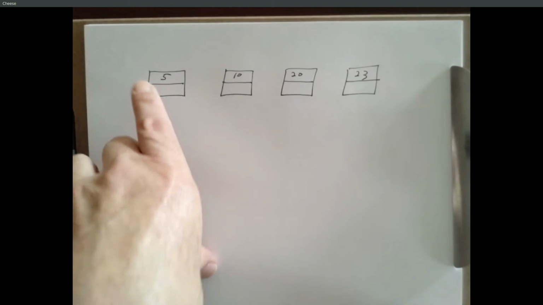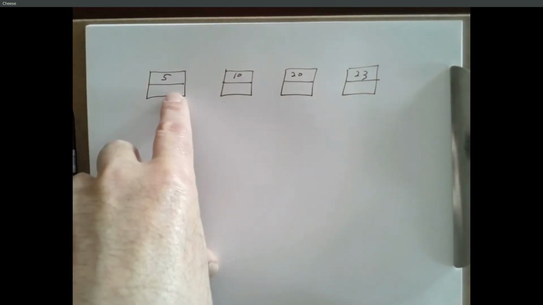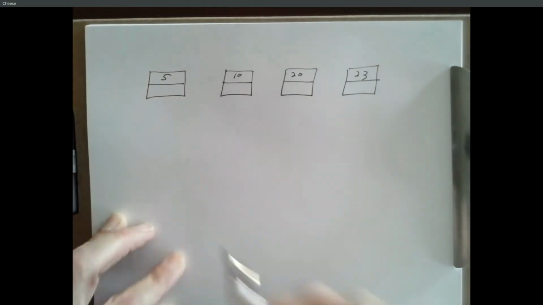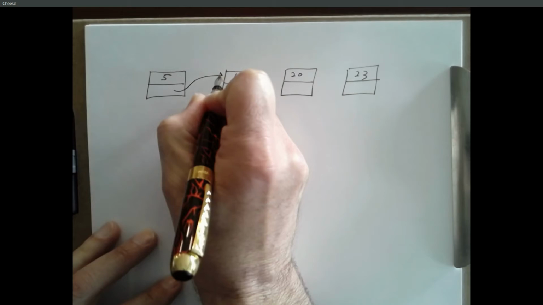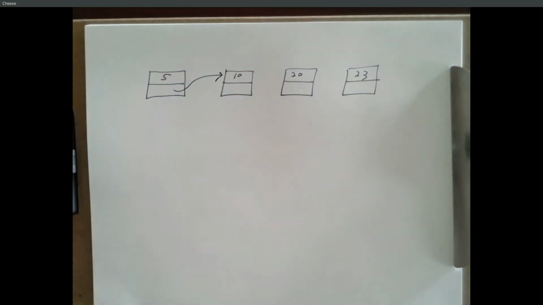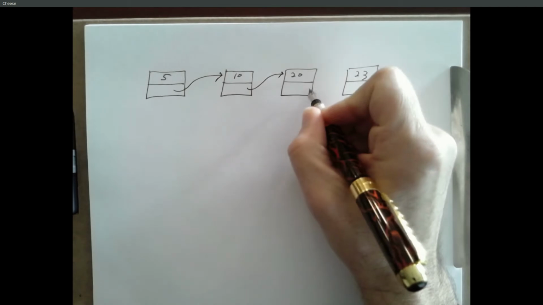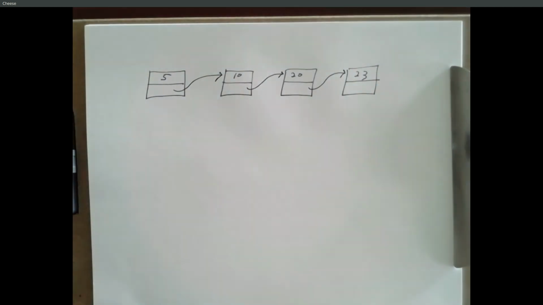We're going to have the actual number we're storing, but also something that tells us where the next element of the array is. We're going to have some kind of arrow, pointer. He said it, not me. I'm not going to say pointer for a while, but it is a pointer. We're going to have some kind of arrow that points to the next piece of our array.